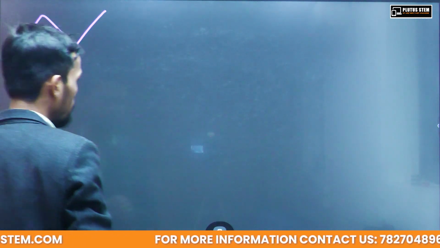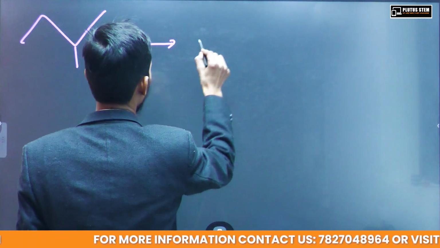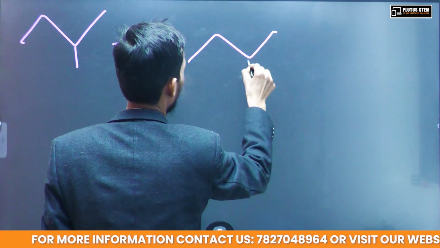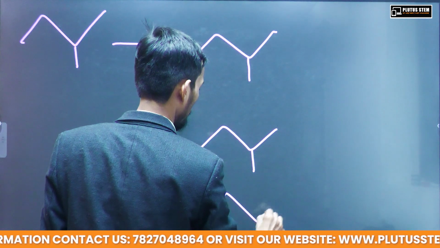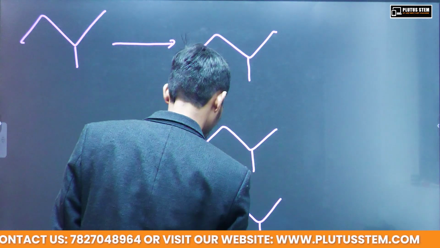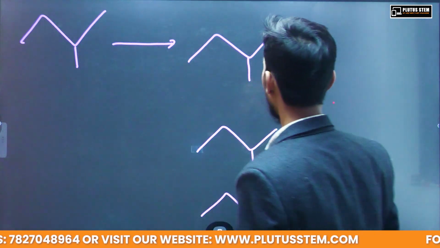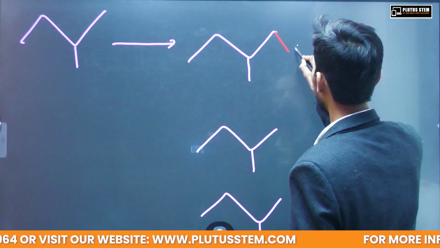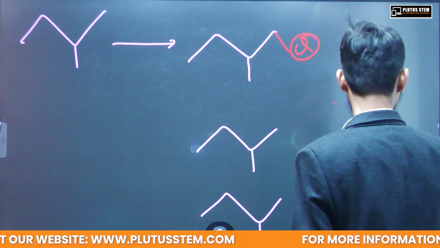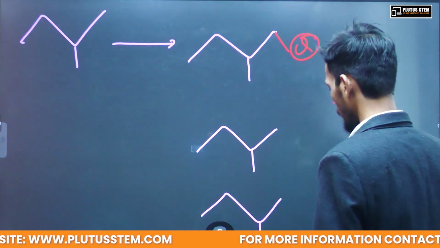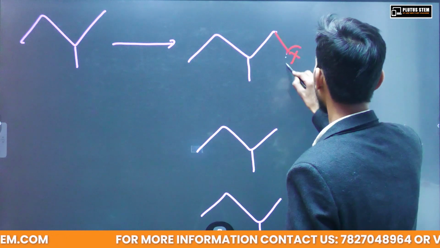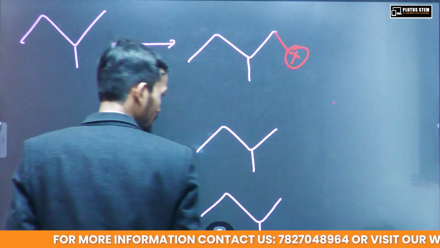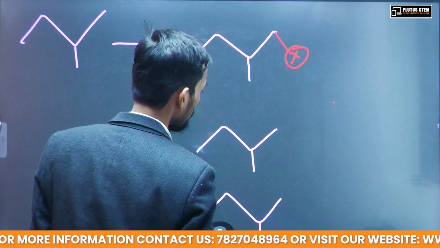Now for this one, if we add up, the first possibility is we can add Cl at this side. For any halogen we take X, so it would be better if we take X only, otherwise it will create some unnecessary issue.